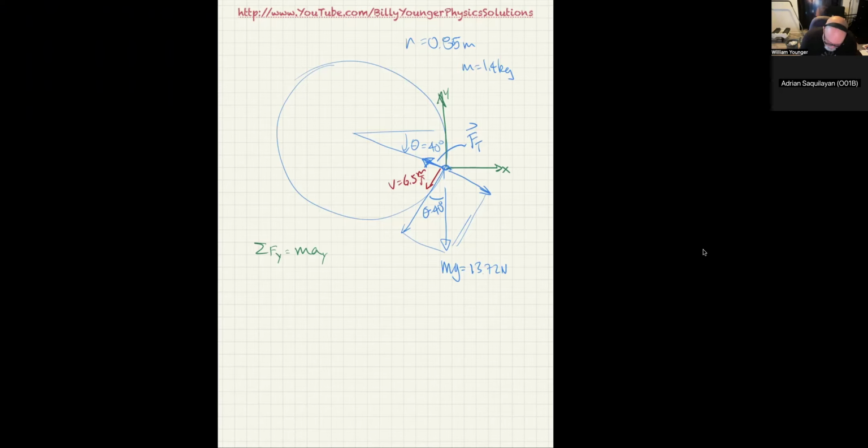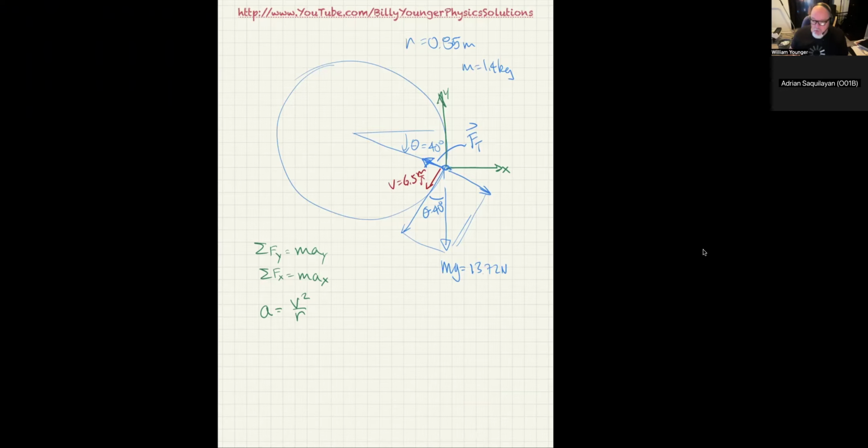But you can also say the summation of forces in the x direction equals mass times acceleration in the x direction. And you've got to know that a has to be equal to v squared over r. That's the total acceleration. Okay. But specifically, that's the radial one for this one, at all points.